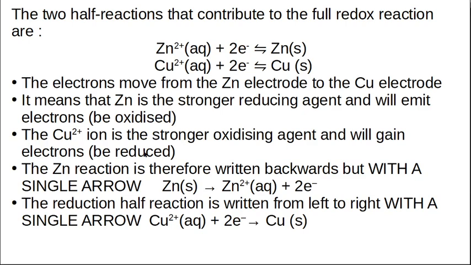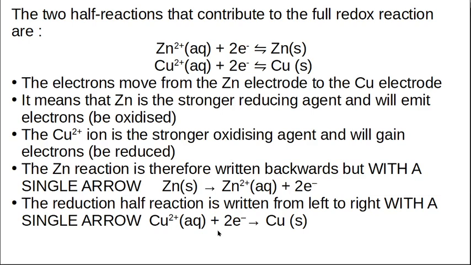In order to show you this, if they ask you what is the half reaction that occurs at this electrode, if you want the zinc reaction, it is zinc going to zinc ions. You write the reaction backwards from zinc to zinc 2+, and you put the arrow going in the direction of the reaction. Zn solid goes to Zn2+ aqueous plus 2 electrons.